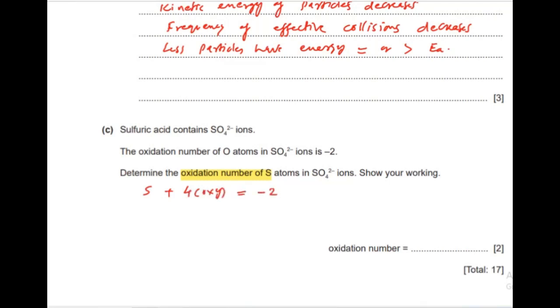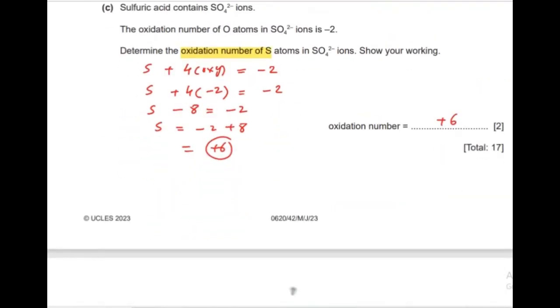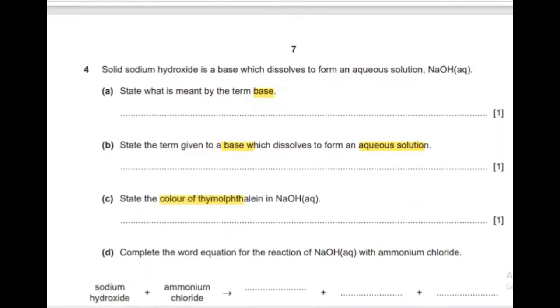As you know, the oxidation state of oxygen is normally -2, sometimes -1, but that is not the case here. So the solution: sulfur minus 8 is equal to -2, so sulfur is -2 plus 8, which is +6. So the oxidation state of sulfur in sulfate is +6. Then move to the next part.